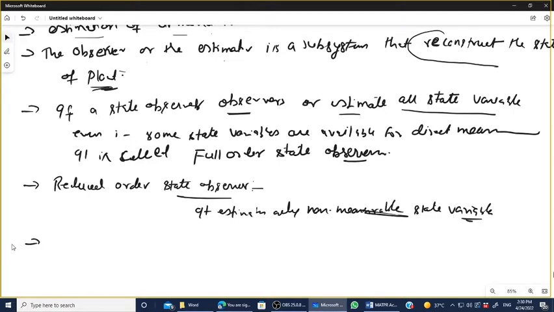Yes. So a state observer is ultimately estimating the state variable using the output and input. Hence, the state observer can be designed only if the system is completely observable, right?